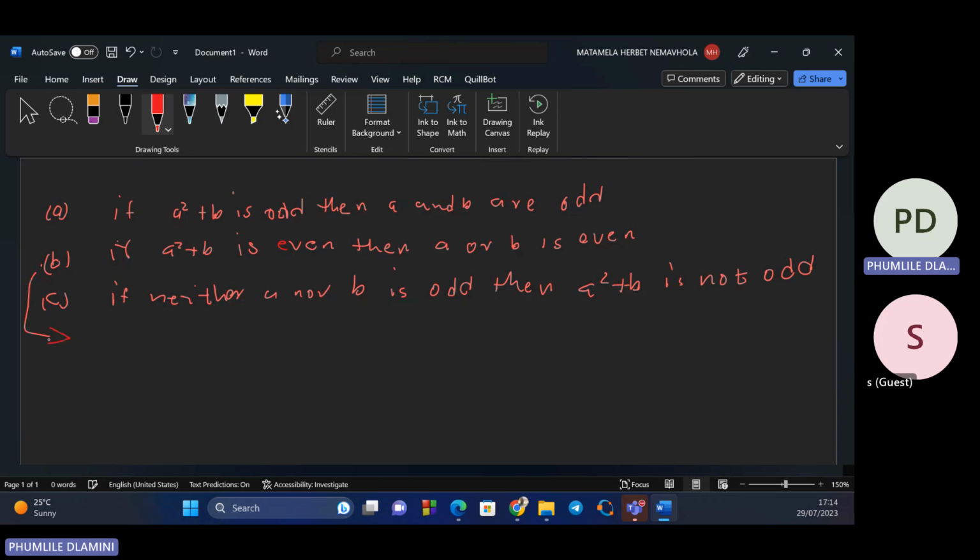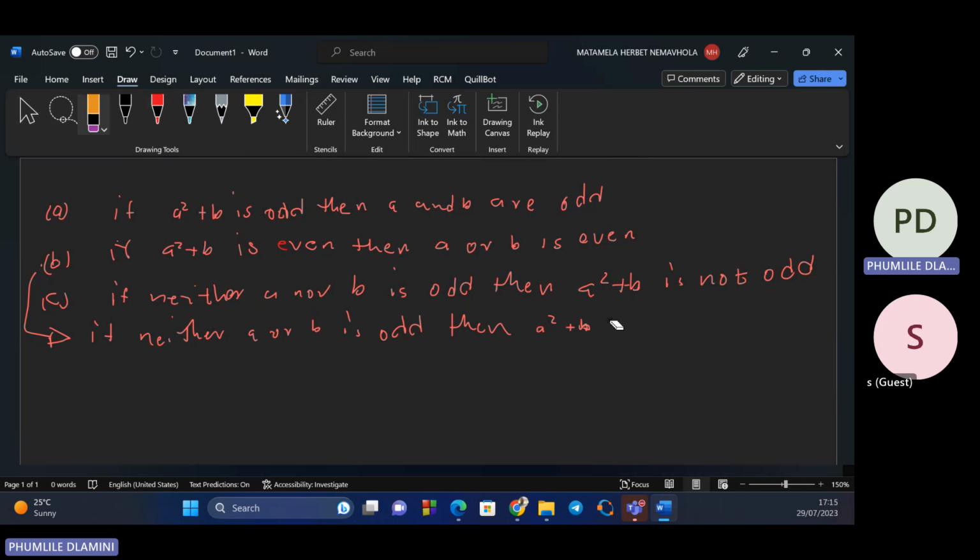Another student might write it this way, which is still the same: if either A or B is odd, then A squared plus B is not odd.